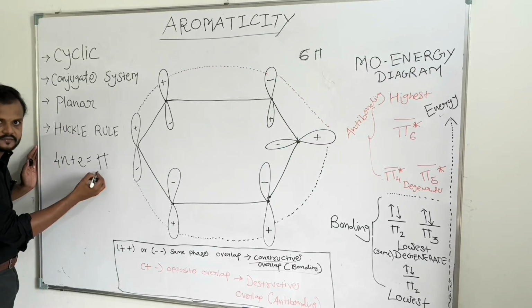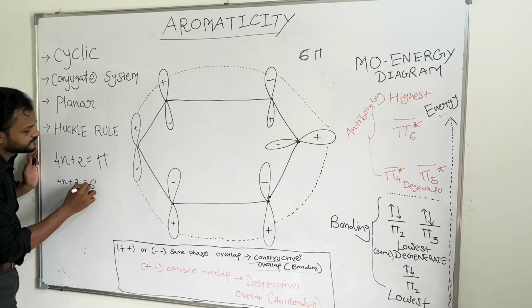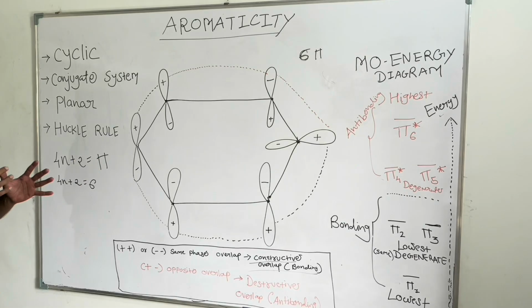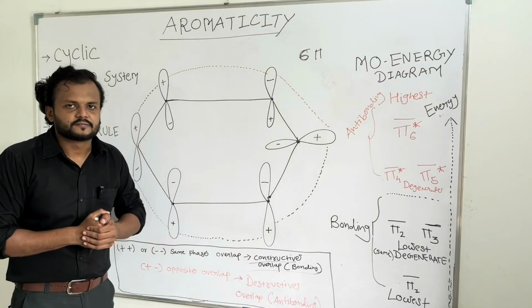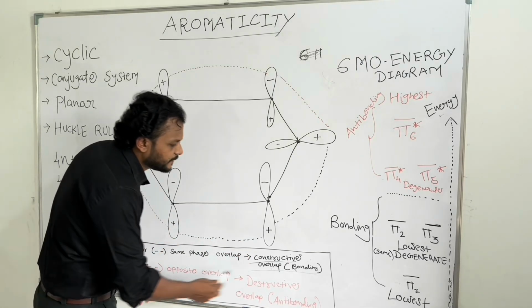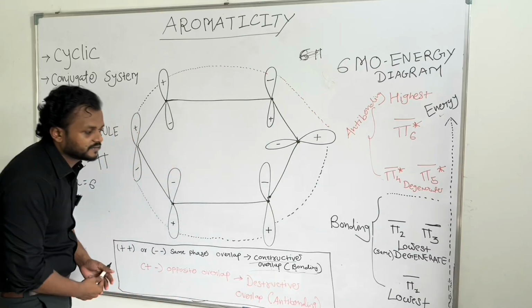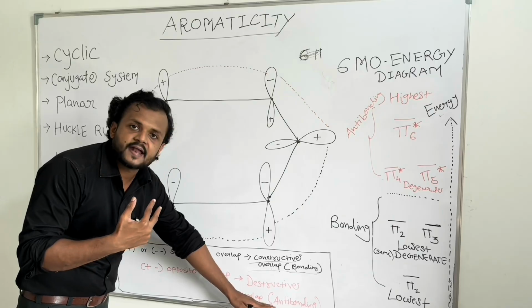How many pi electrons are there? 6 pi electrons. So 4n plus 2 equals 6 pi electrons. How are those electrons going to be filled into the bonding and anti-bonding orbitals? For stability, the bonding, constructive interaction is required, not anti-bonding.